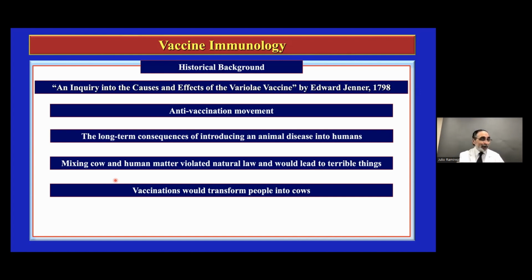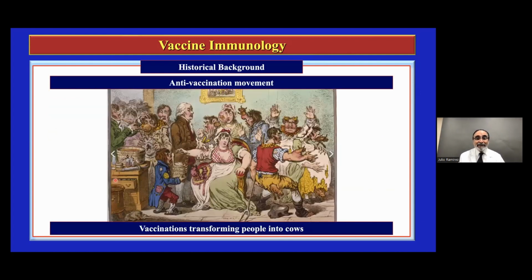We were discussing the other day that we plan to put history of medicine slides on our third floor. And I may say this is the first picture I have of the anti-vaccines. You have here Jenner giving the vaccine, with humans getting cows from the mouth, growing cows from the arms, and every human transforming into a cow.